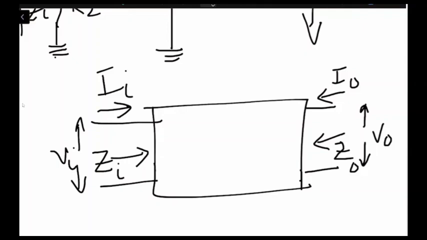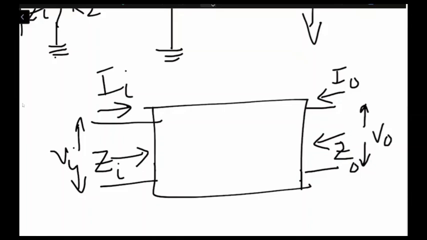Similarly, from the output side, the current flowing into the system is I naught, the impedance looking from the output side is Z naught, and between the two output ports the output voltage is V naught.